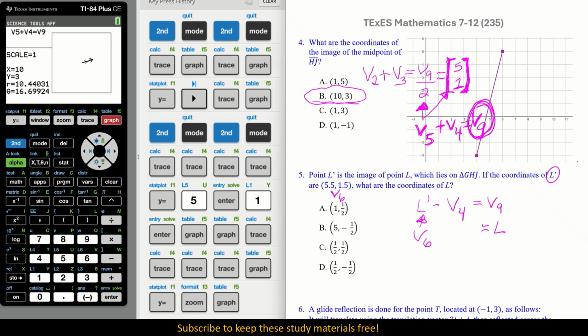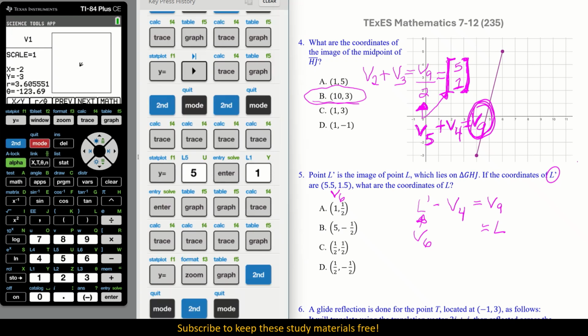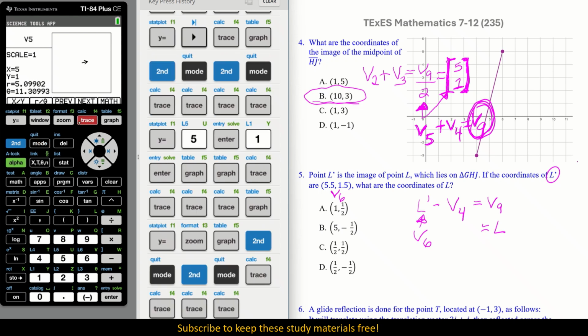All right, so let's do this. Remember, we have to go into entry mode. We are not in entry mode. So second mode, we are now in entry. And keep pushing trace until you get to where you're going to enter. Now, you can enter these in any vector entry you want. It's up to you. You just keep up with your numbering on your own.